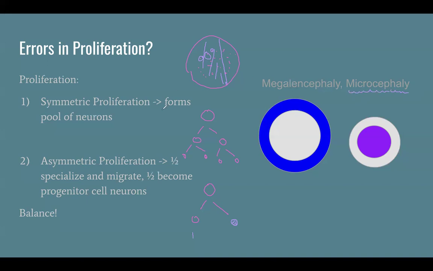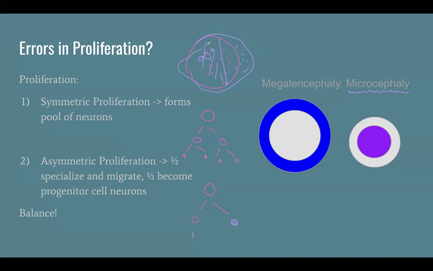What if it doesn't switch in time? What if you have a very late switch from symmetric proliferation to asymmetric proliferation? That means you're going to have too many cells to start off with, a way bigger pool than what you wanted.